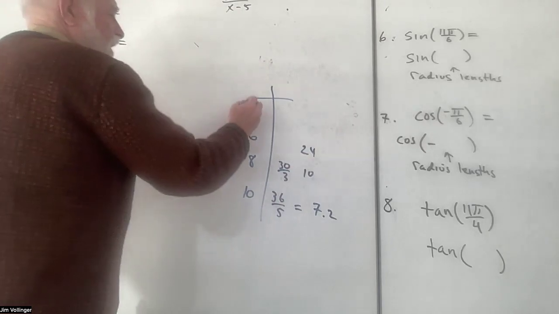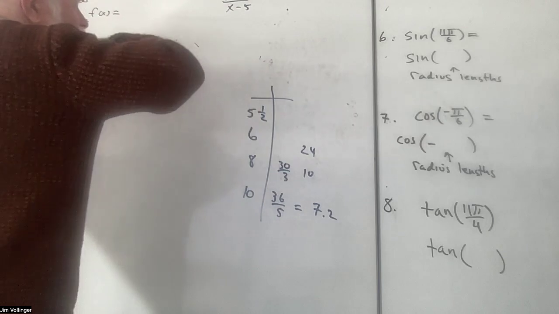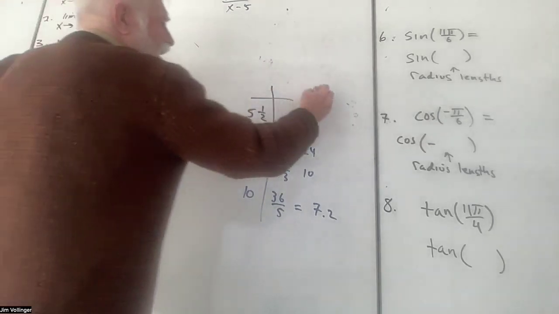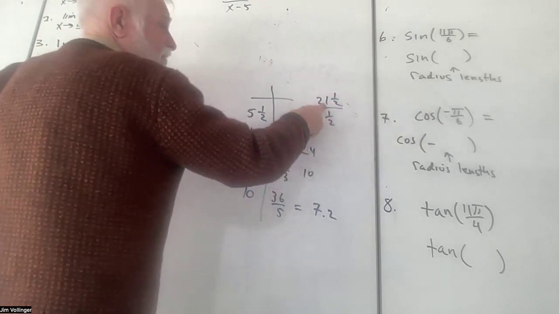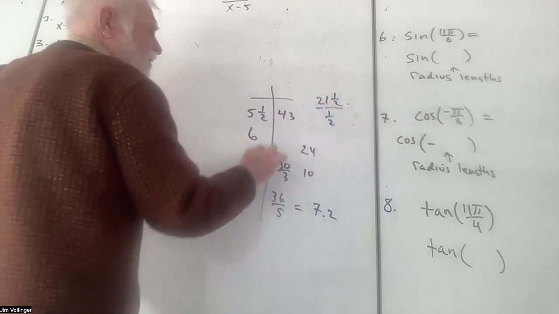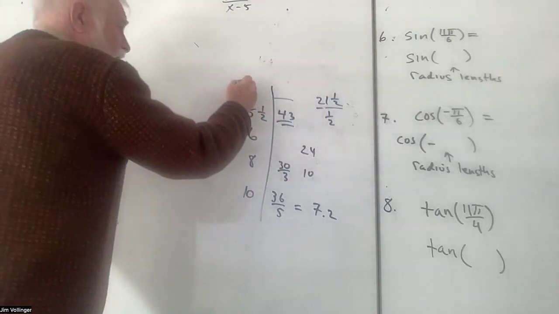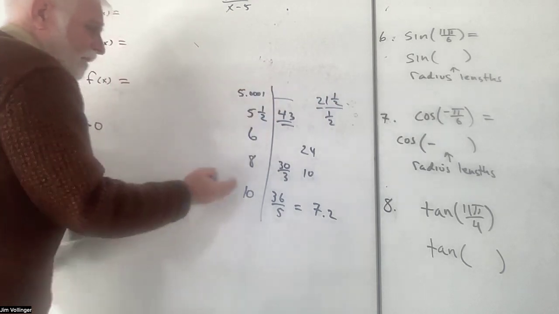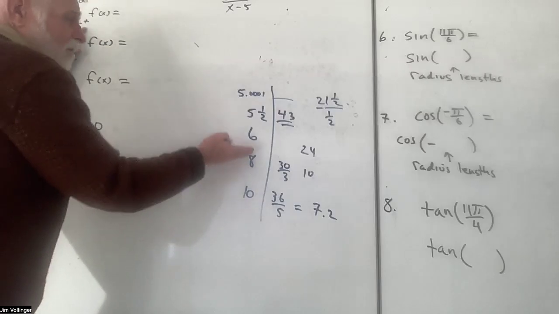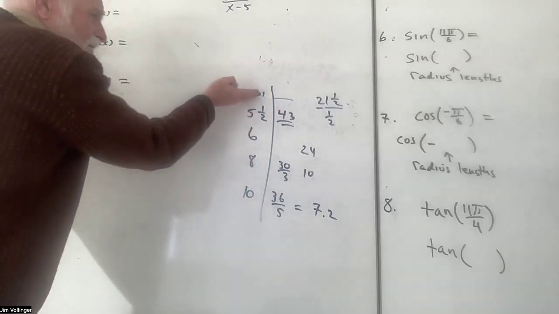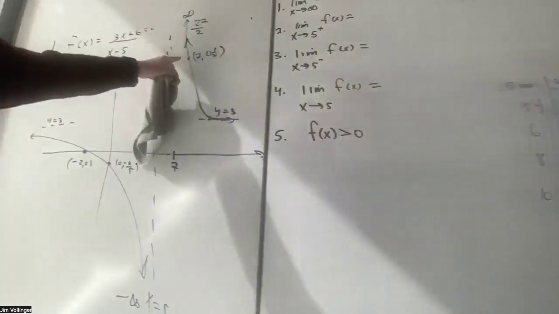How about we go to 5.5? 5.5 gets me 16.5 plus 6, 21.5 divided by 1/2, which is doubling that, which is 43. These are values that I'm getting. So as I'm heading towards 5 from above, picking numbers bigger than 5 and moving towards 5, I think we can see it's infinity, and certainly the graph bears that out.